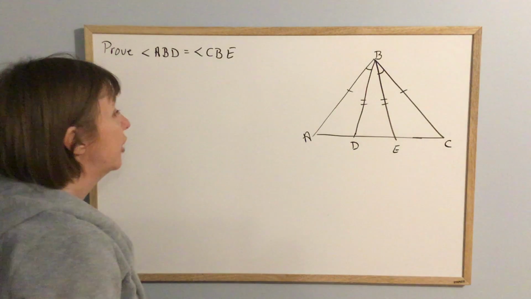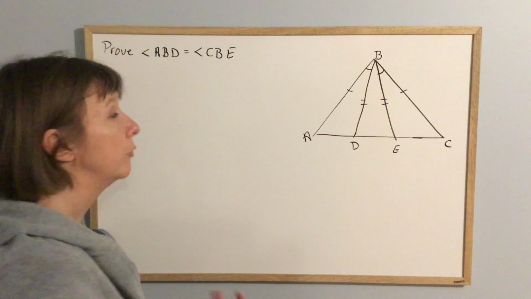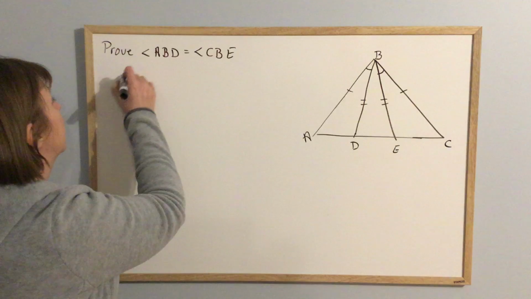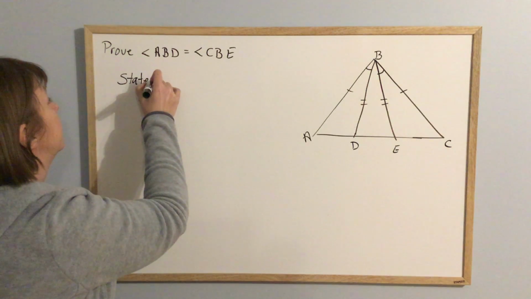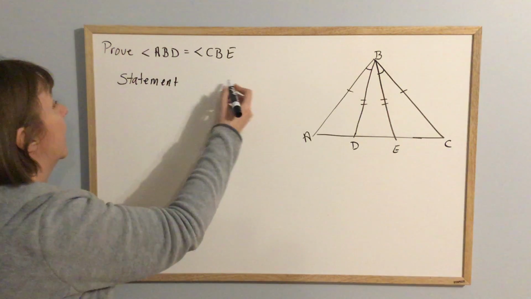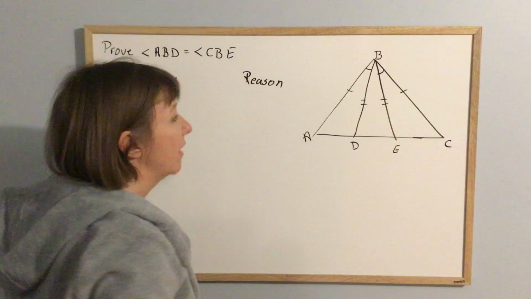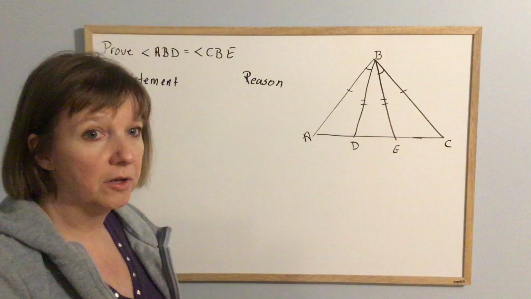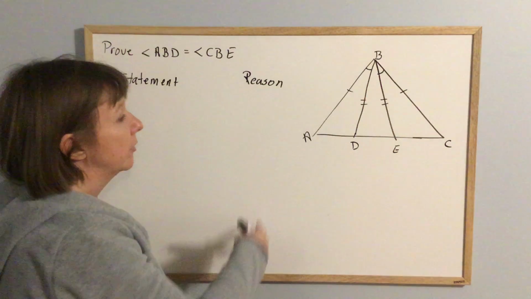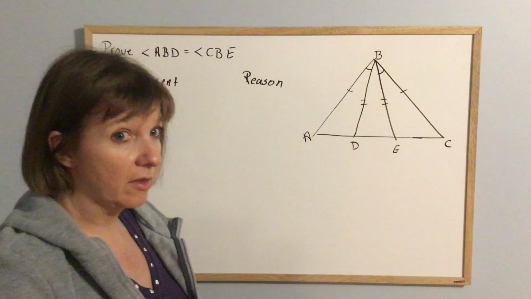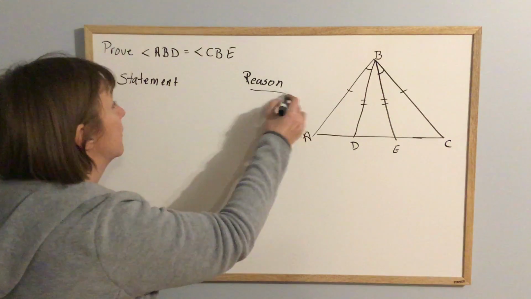So generally what a geometric proof looks like is there will be a statement here, and we will give a reason why we can say that statement over here. This is where things like theorems will go, in your reasons.